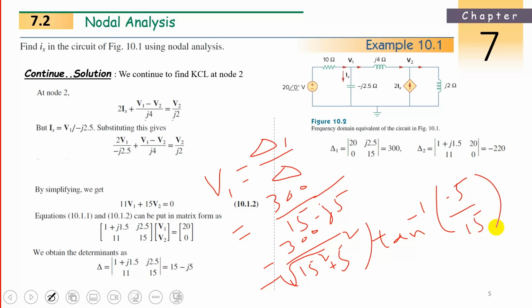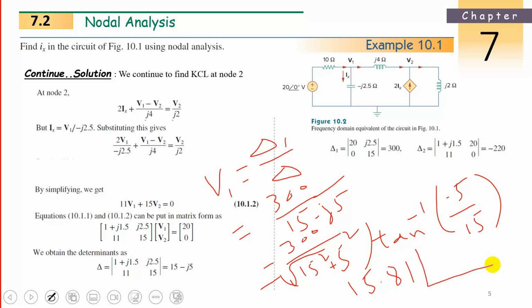Now find the magnitude: square root of 15 squared plus 5 squared, close the bracket. 15.81 is coming.